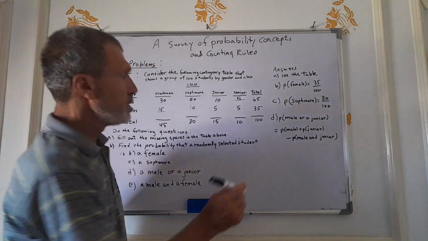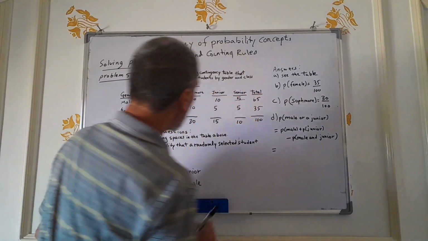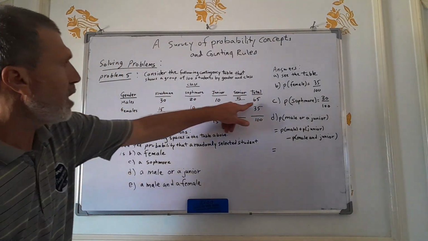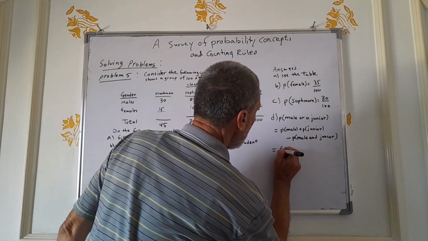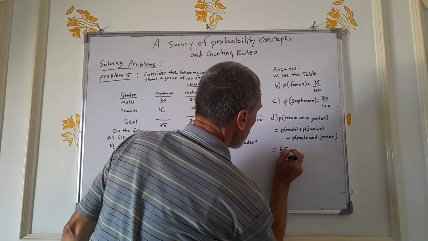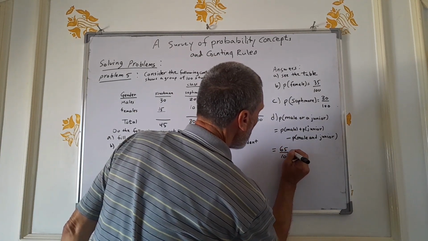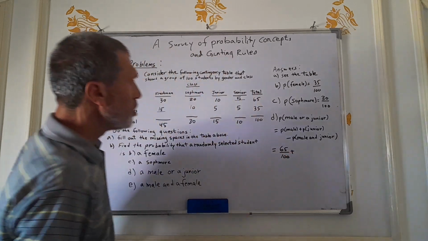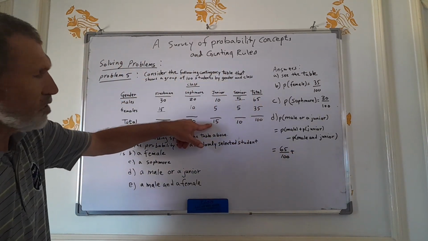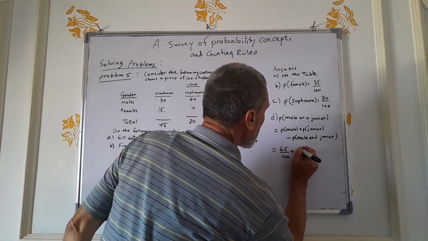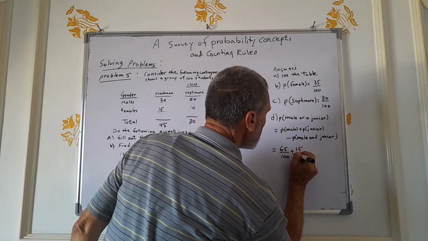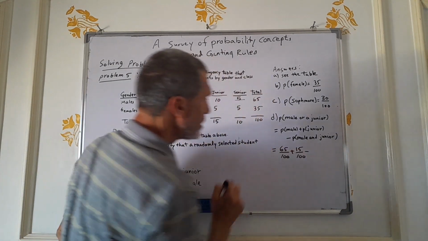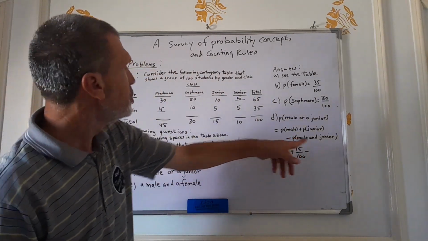Clear? So what is it equal to? Probability of male, as you can see, we have 65, so 65 over 100, plus probability of a junior, as you can see, junior 15, so 15 over 100, minus probability of male and junior.